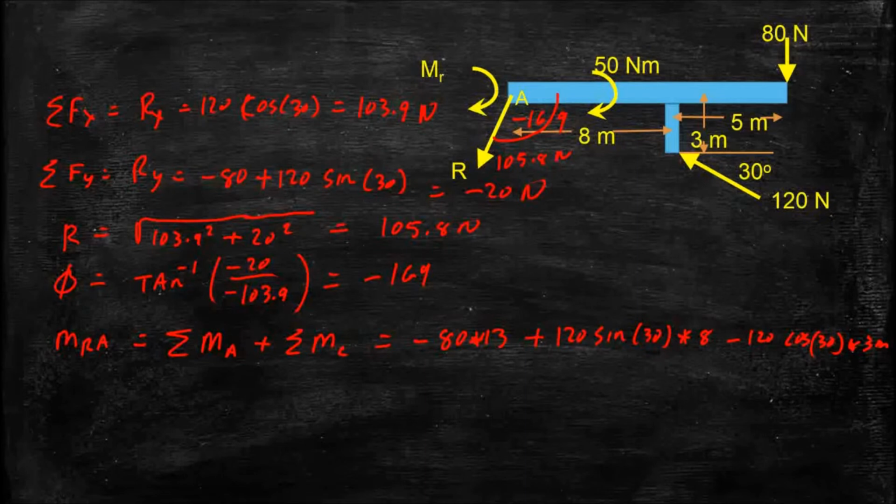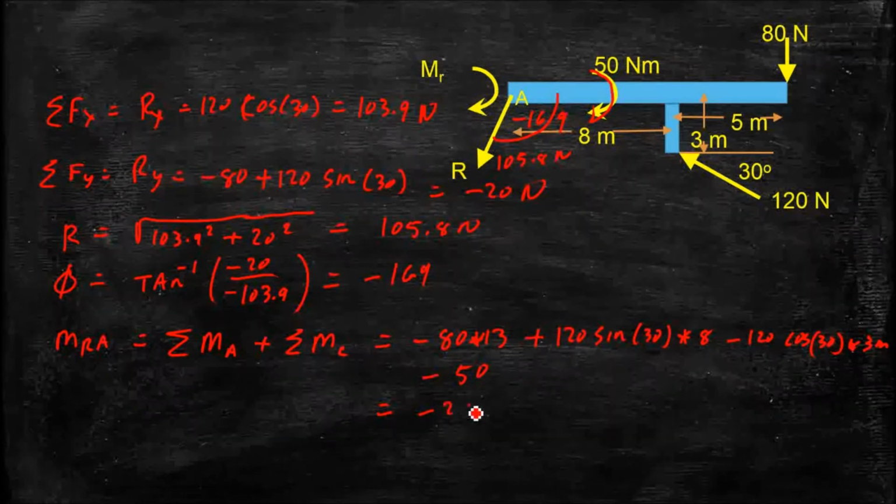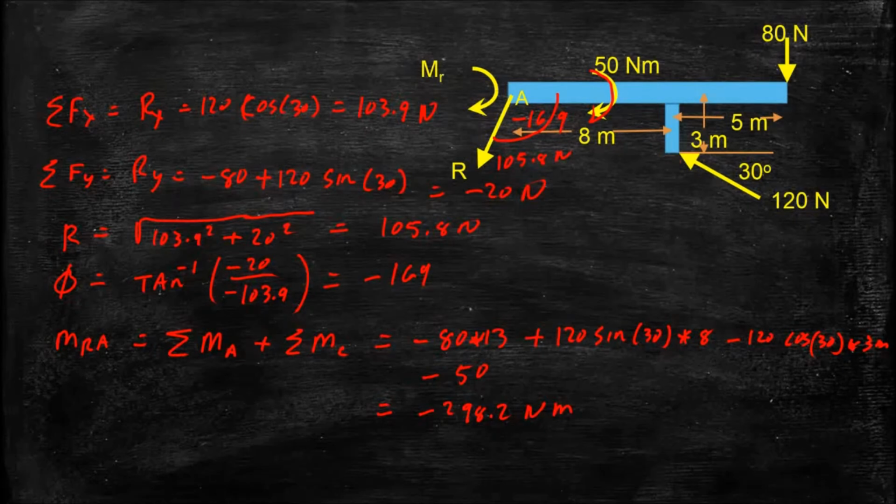And then I have my couple, which is drawn as counterclockwise, so I have minus 50 Newton meters for that couple. And when I put all those together, I come up with a moment of negative 298.2 Newton meters applied at point A. So that takes two forces plus a couple and brings us down to one force and a couple.